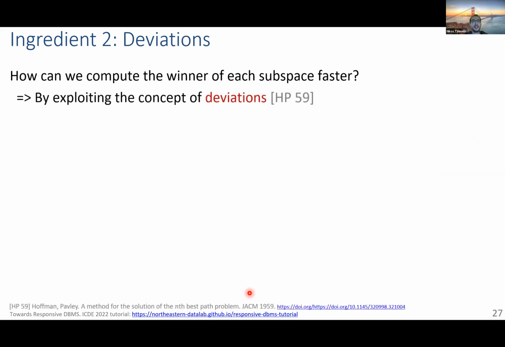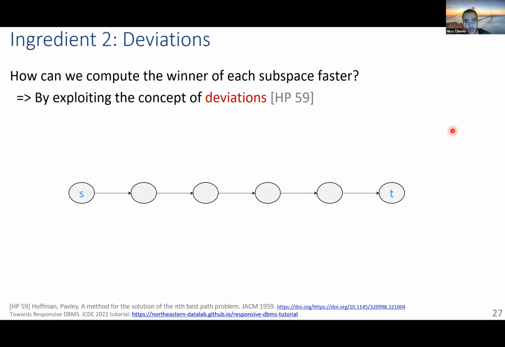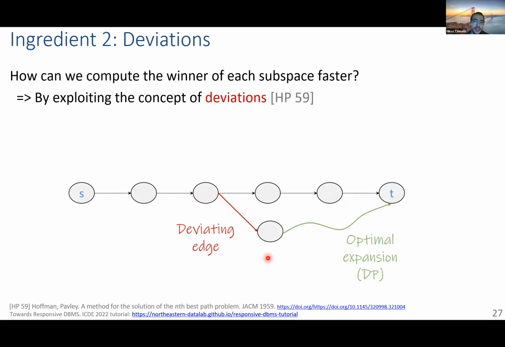We need a second ingredient, which is the deviations. Deviations is a concept that was proposed as early as '59 by Hoffman and Pavley, and it says the following: a deviation is a path that is the same as another path, but at some point you take some deviating edge, and then you continue optimally to the target.